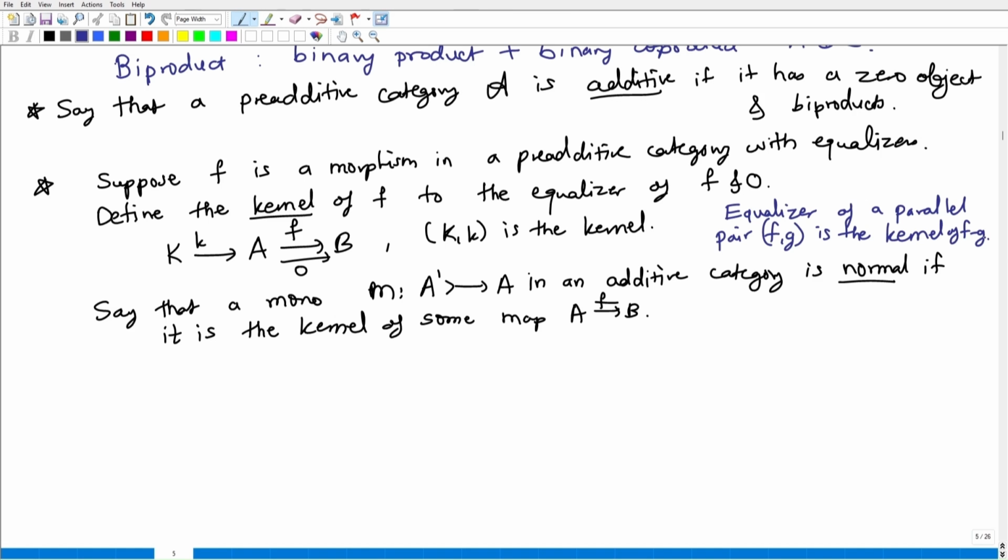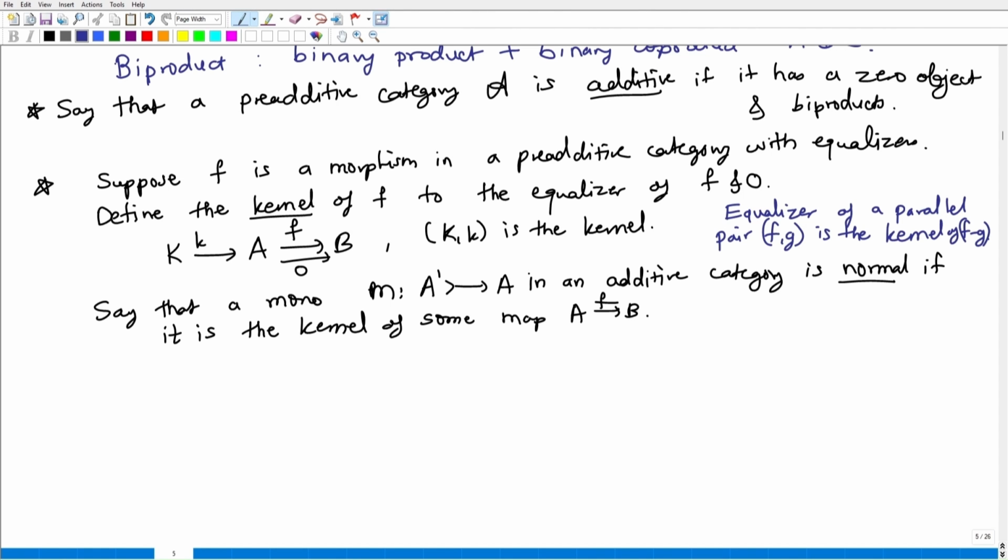Because you can add, so you can subtract. So f and g are parallel, you simply change them to f minus g comma 0. Subtract g from both of them and then you get the kernel. Okay, so normal mono, and you can also define the dual notion. Normal is just regular. Okay.